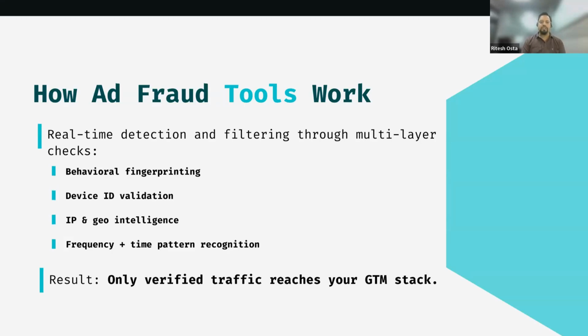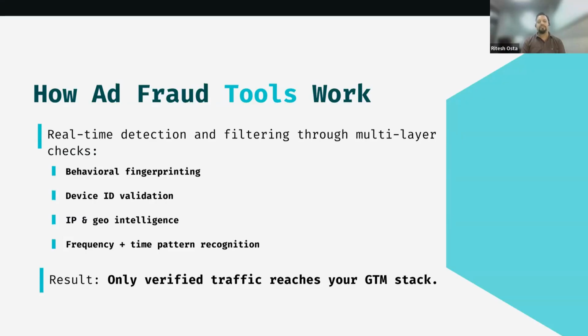So IP and geo intelligence needs to be verified, and also frequency and time pattern recognition. How often is this happening? What is the pattern? There is pattern recognition technology by which they can recognize the patterns, and if the pattern shows any signs of problems, it generally detects those problems, right?